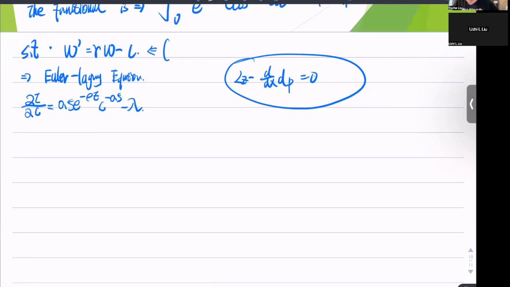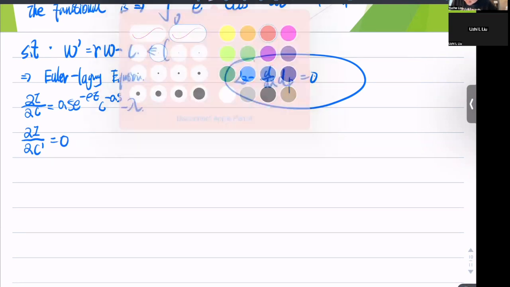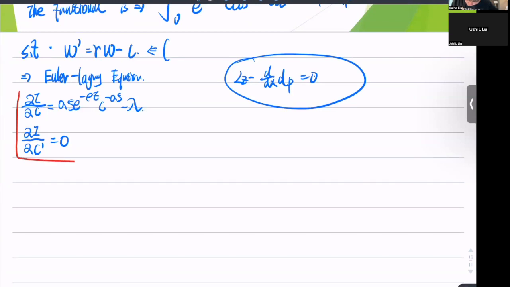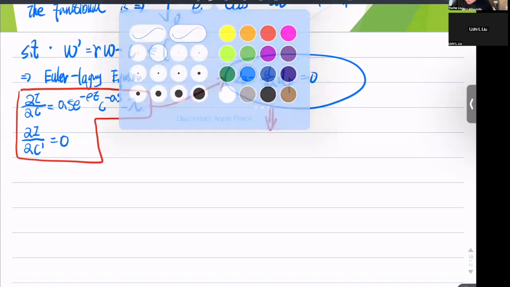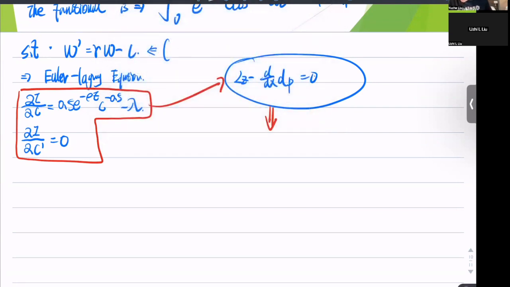And we also have to find c prime, which is 0 in this case. We already have these two, and we plug them into the Euler-Lagrange equation, and it will give us an ODE. Later on, we will just have to solve for the ODE.